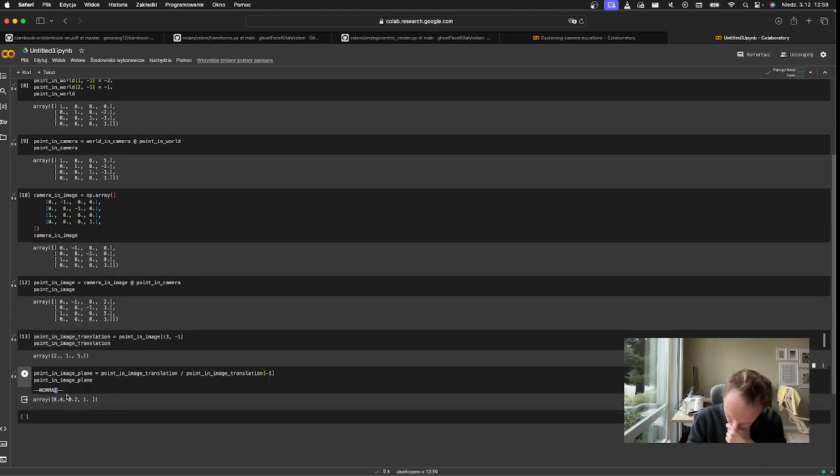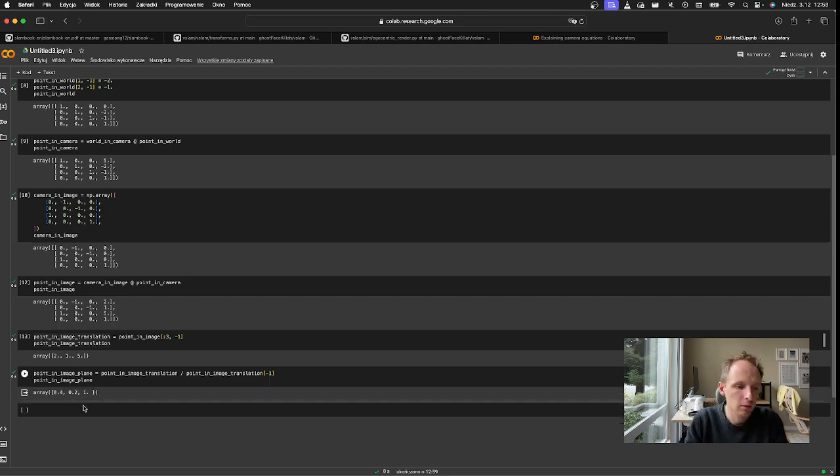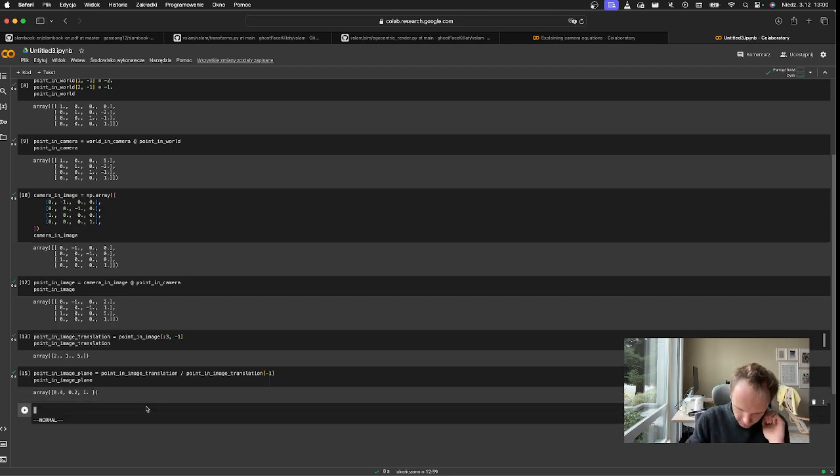So 0.04, 0.02, so 0.04 to the right, 0.02 down. And now we can define our fx and so on, and transform it to the final pixel image plane.